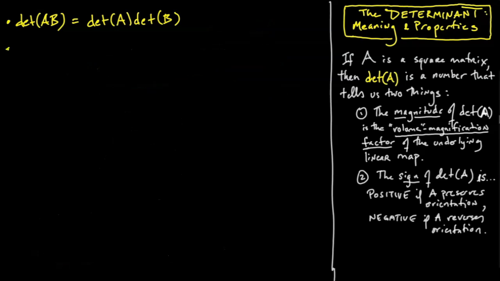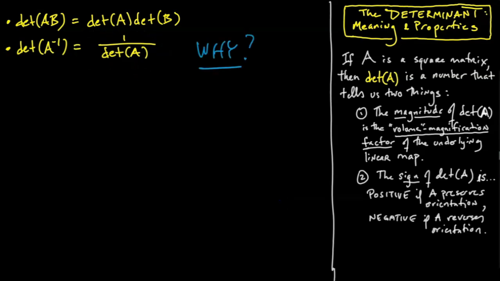Let's look at another important algebraic property, which is that the determinant of an inverse matrix, determinant of A inverse, is the reciprocal of the determinant of A. Why does this one happen? Again, it's totally obvious. If you remember what A inverse does, it undoes whatever A does.